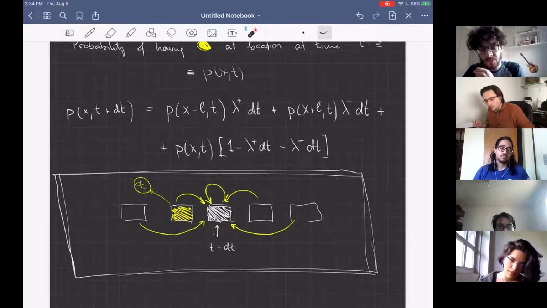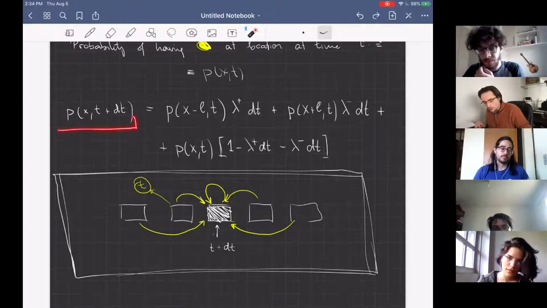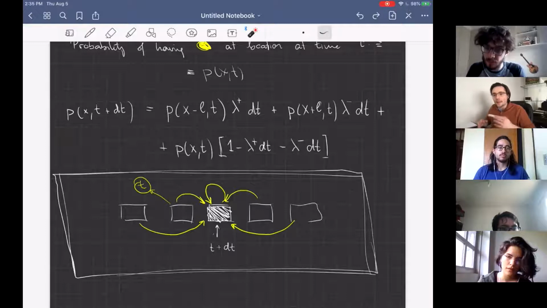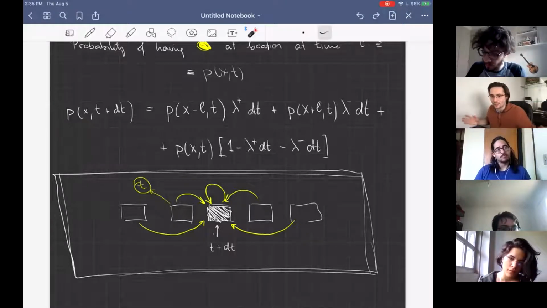What's the problem? The problem is that because we want to derive a general equation for the probability of being at a given place at a given time, we don't know where we are. So we basically need to count all the possible paths that will take me to that position. And my position at time t is probabilistic as well, because I don't know it.